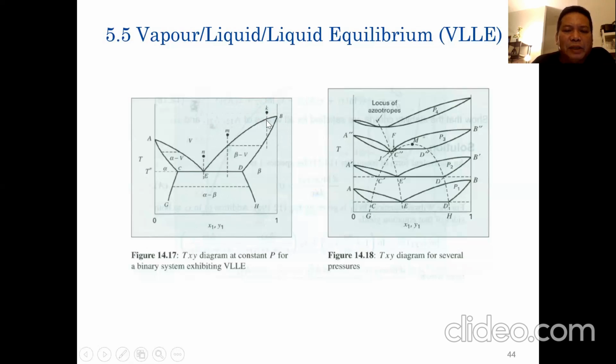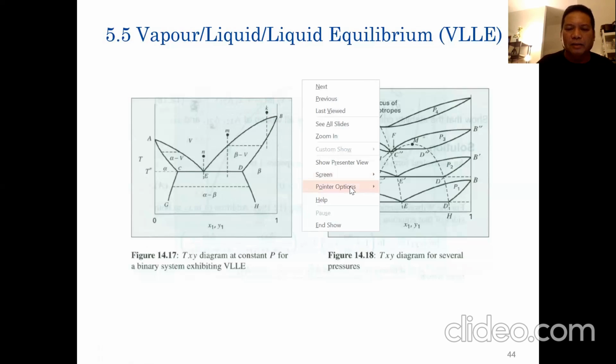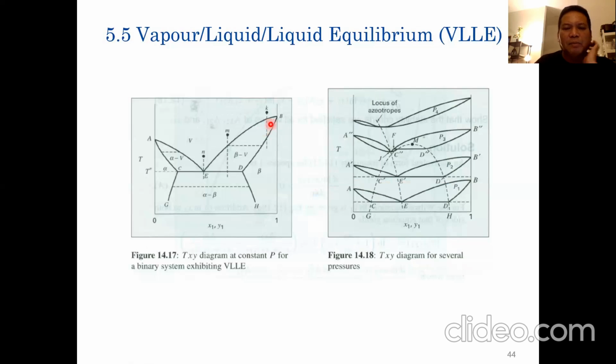Then we reduce the temperature and reach this point, and we notice that some of the species will start to condense. We reduce the temperature further, down here, and we get a mixture of species 1, until it becomes a bubble point, where over here is a rich mixture of species 1.